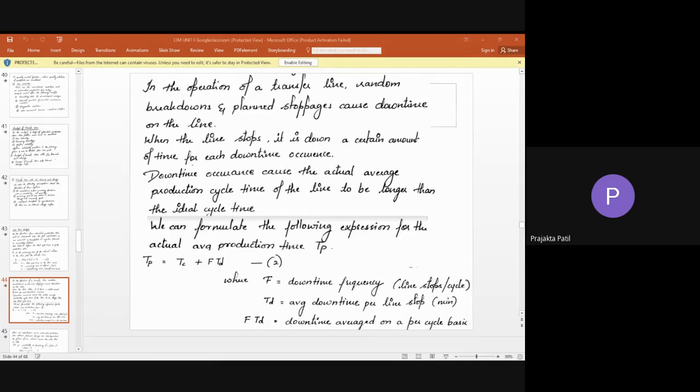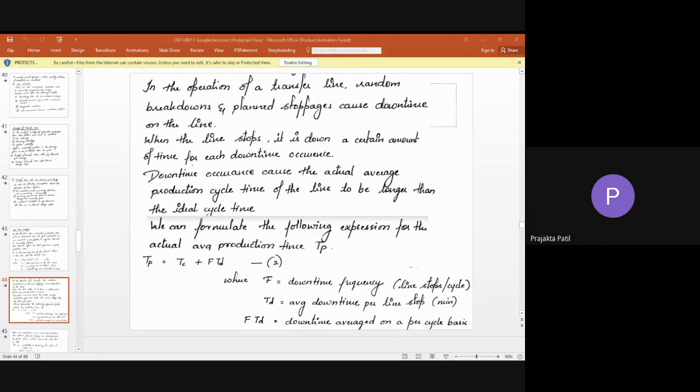So here in this equation of actual average production time, we already know what TC is. TC is nothing but the cycle time.